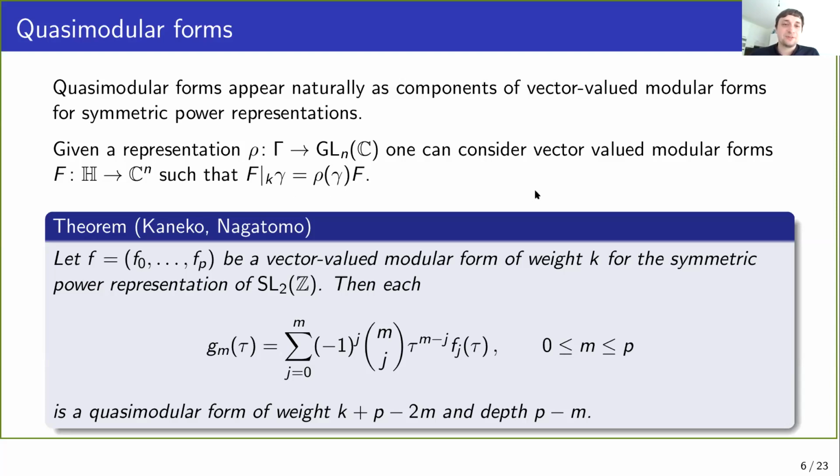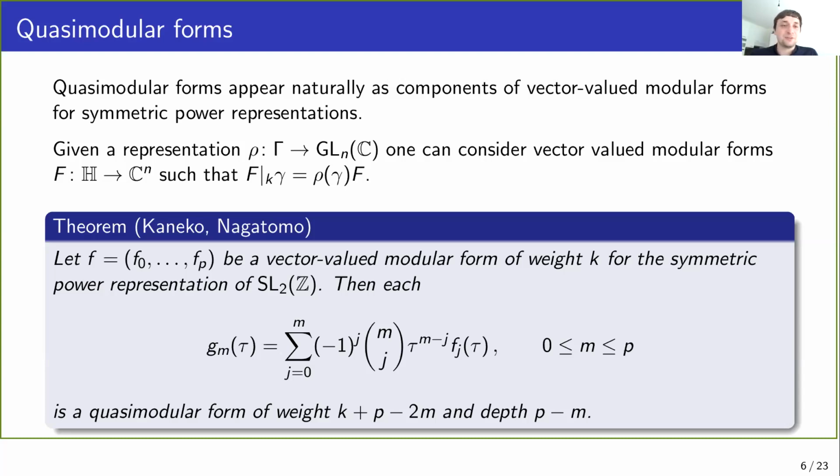There is a very natural representation if you look at the group SL2(R), and of course, if you restrict, you also get it for SL2(Z). That is the symmetric power representation. I won't say almost anything about the theory of vector-valued modular forms, except in this case.